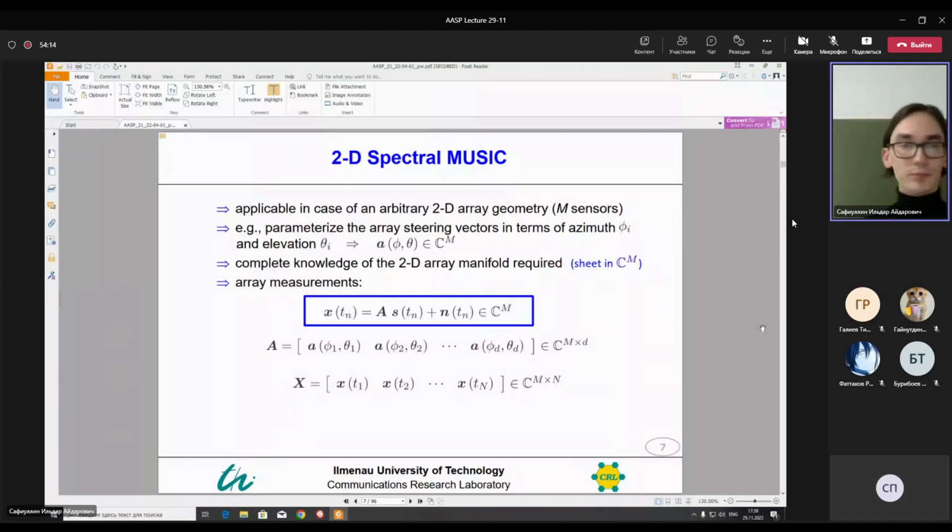Then we need to add here another angle phi.